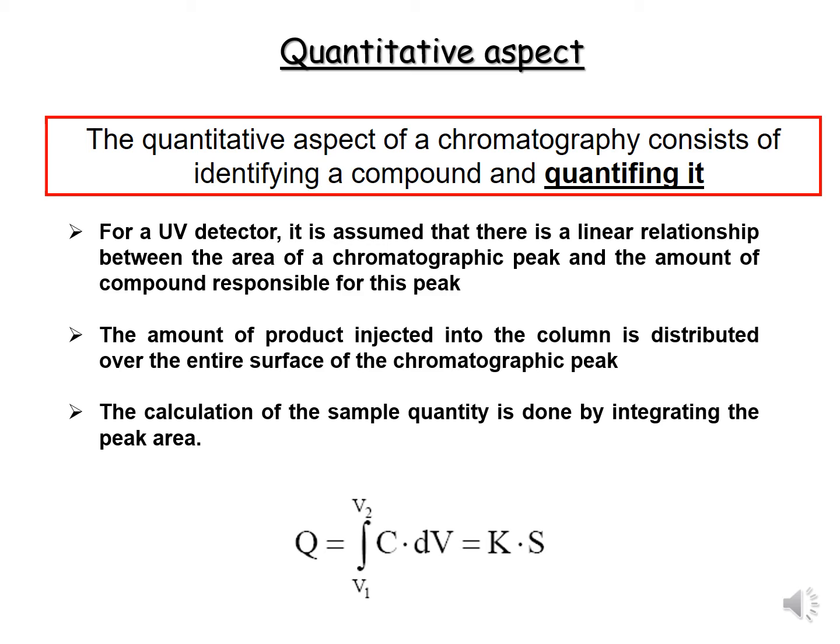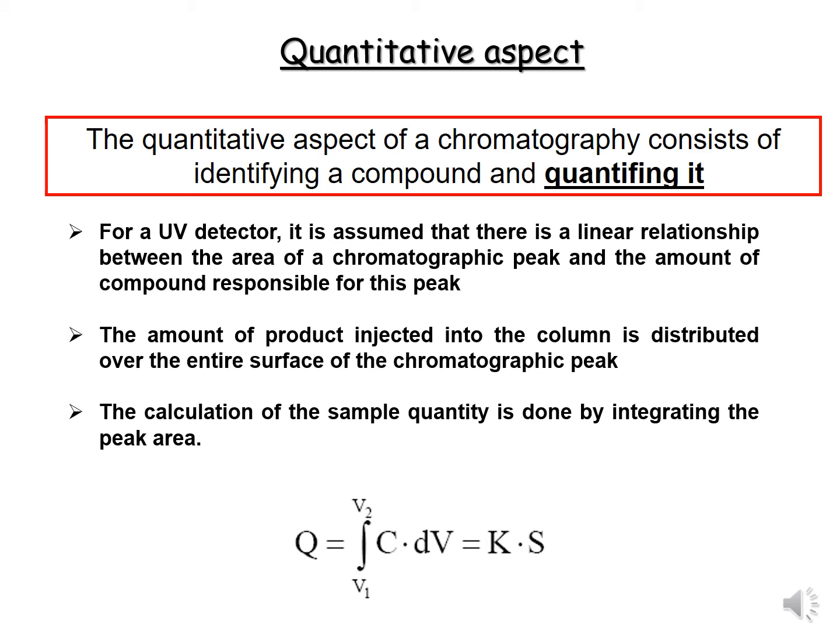So for a UV detector, it is assumed that there is a linear relationship between the area of the chromatographic peak and the amount of compound responsible, due to the Beer-Lambert law. So the amount of product injected into the column is distributed over the entire surface of the chromatographic peak.